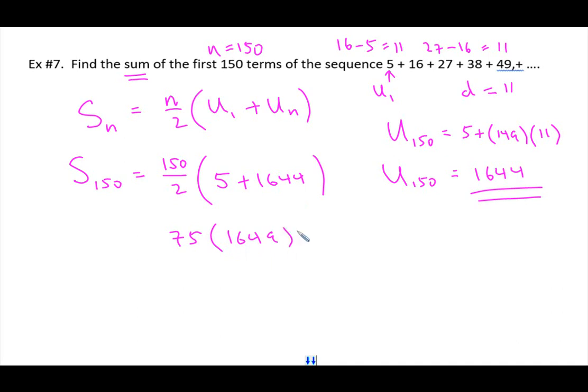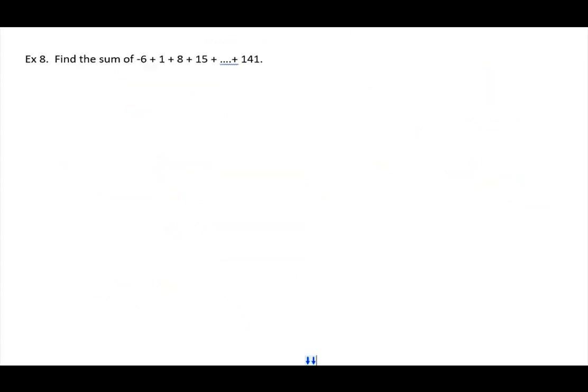So let's just throw that in the calculator. 75 times 1,649. So we're going to end up with the sum of the first 150 terms is 123,675. Okay?